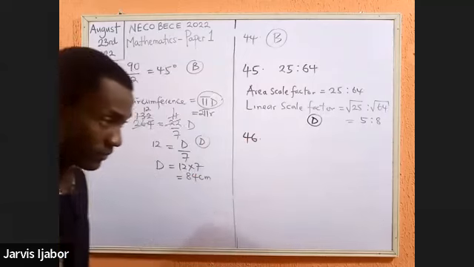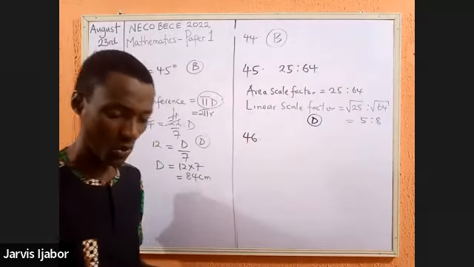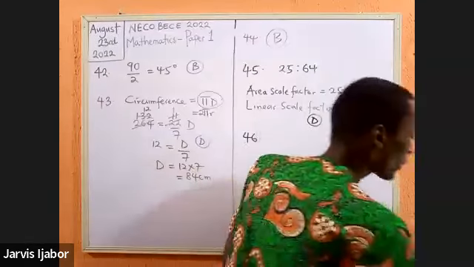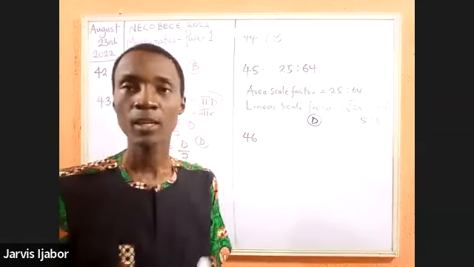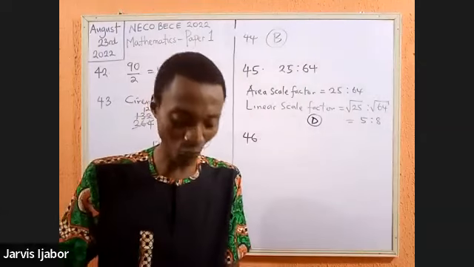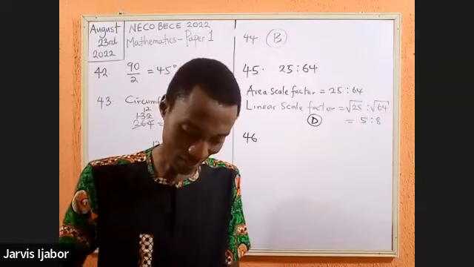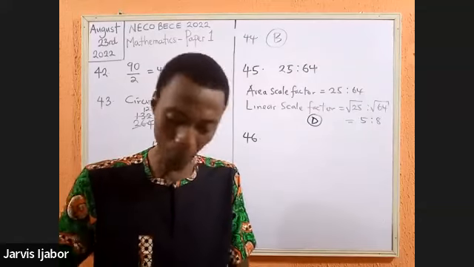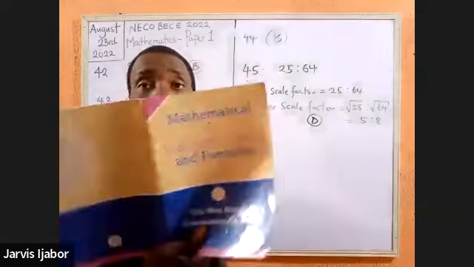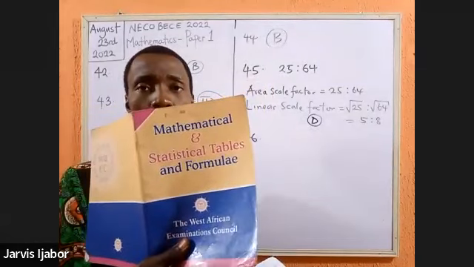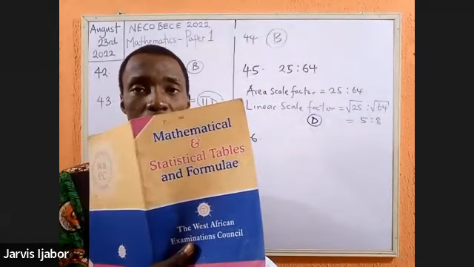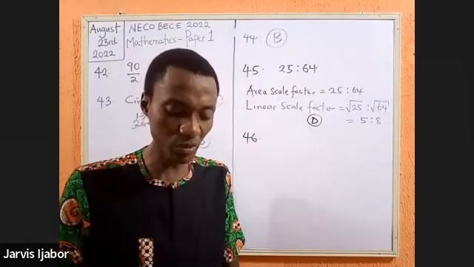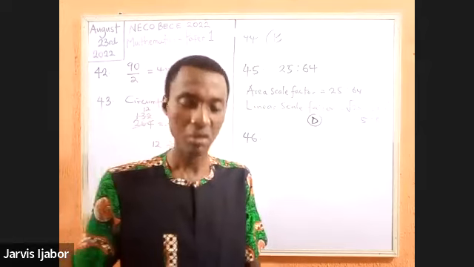46. In question 46, we are told to calculate the volume of a cylinder. Now, this is where your four-figure table becomes very handy. Sometimes I see students trying to memorize formulas. No, you don't need it. If you go to page 45 of your WAEC mathematical tables, you see something written there, mensuration.